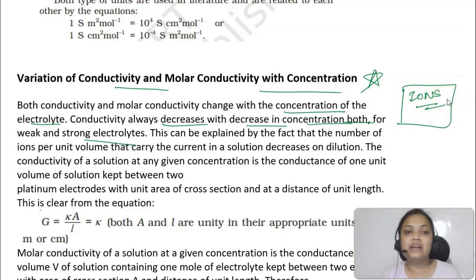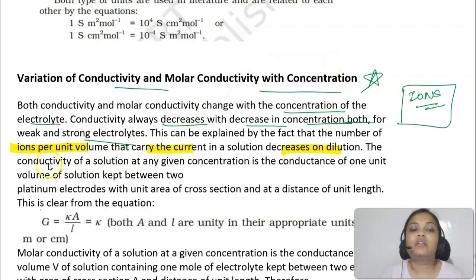So if the ions become fewer, obviously the current will also become less. If we are diluting the solution, meaning decreasing the concentration, the number of ions present per unit volume will decrease. I hope you are understanding it.